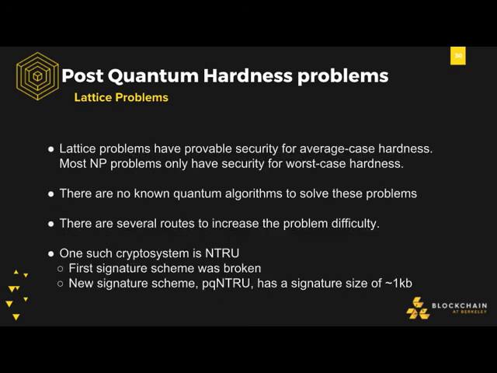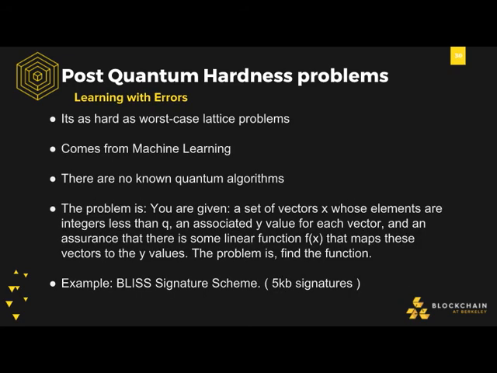So then we have another set of problems called learning with errors. This comes from machine learning, and the nice thing about these is the easiest way to solve them is the worst case lattice problems from before.